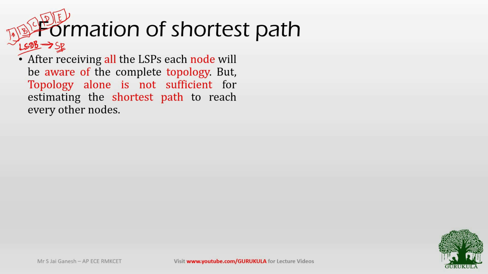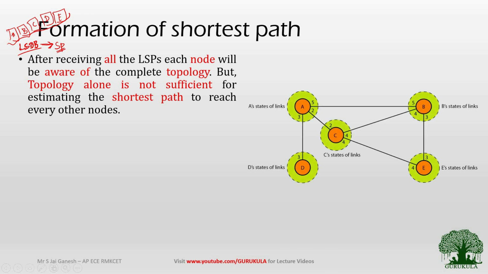We will be creating the topology based on this link state database, but the link state database or the topology alone is not enough to estimate the shortest path. We need some numbers. So this is the knowledge each and every node will have. As you can see, A will come to know that it is connected to B with a cost of 5, to C with a cost of 2, and to D with a cost of 3.